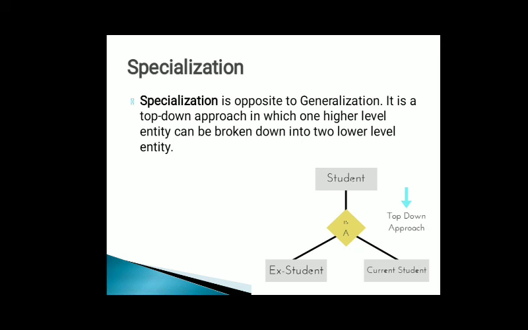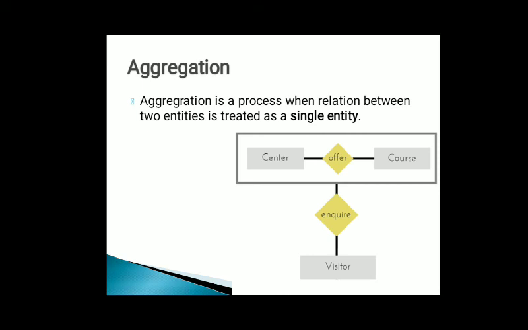Okay. Now the next point is aggregation, right? As its name suggests, aggregation is the process when the relation between two entities is treated as a single entity. Means the relation of two entities is treated as a single entity. In the figure there are three entities: center, course and visitor.